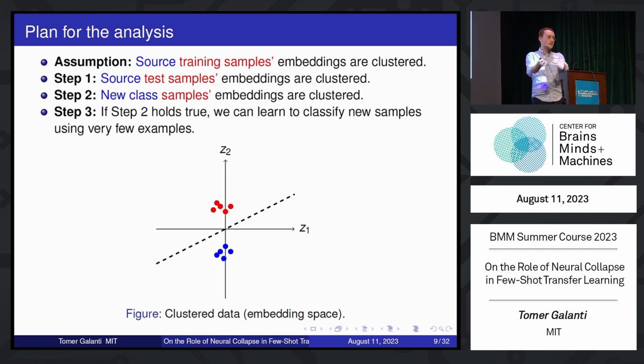If I look at the test samples from the same task, they also have some clustering pattern, maybe to a lower degree, but if I trained on many training samples, then I expect the test samples to also cluster.